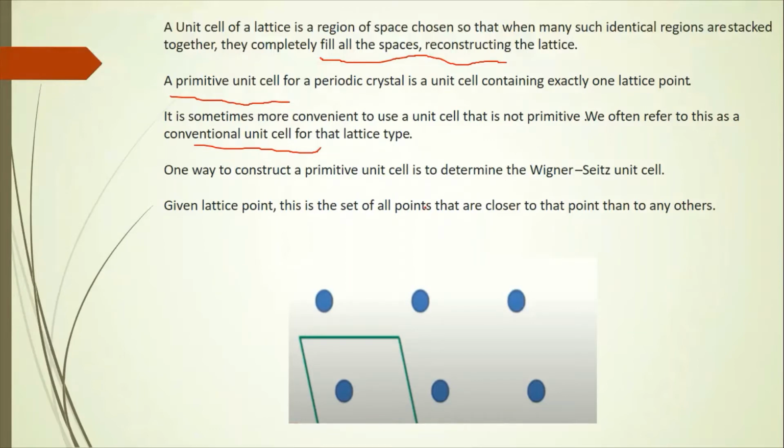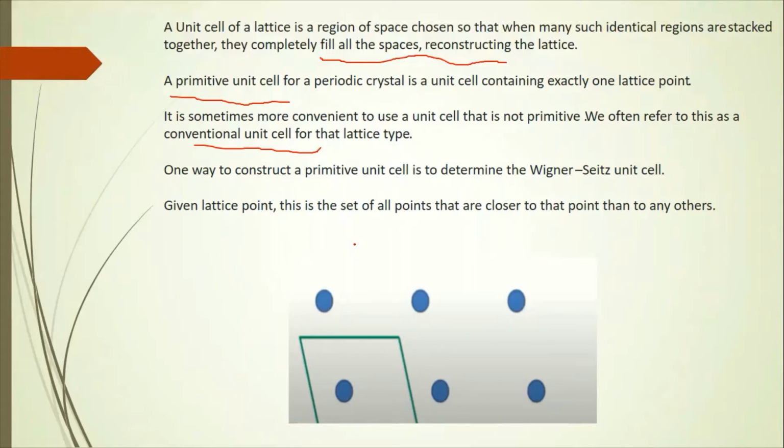It is also called the convenient unit cell because it can make our calculations convenient, though it may not show the inner workings of the lattice, and may include several of the points of a lattice. In that case it is not a primitive unit cell but a conventional unit cell.